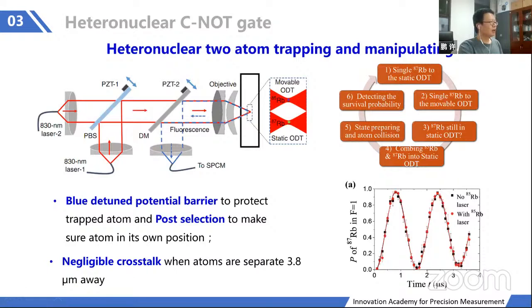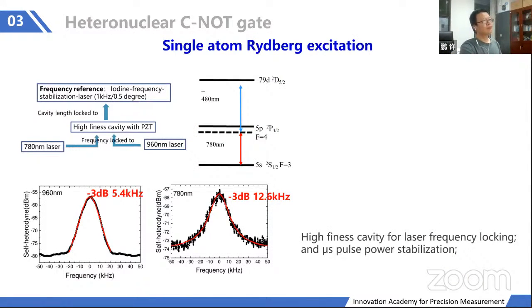We use some technique to make sure that in this trap we have one rubidium-85, and in this trap we have one rubidium-87. With these two different atoms, when we excite the atoms to the Rydberg state, the dipole-dipole interaction or the van der Waals interaction can couple these two atoms even when they are far apart.